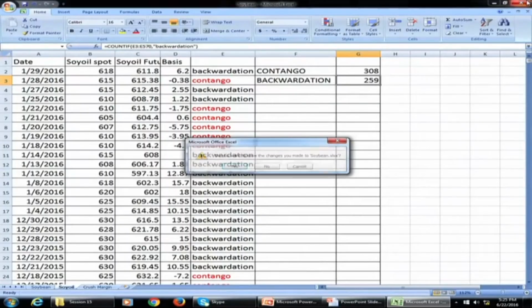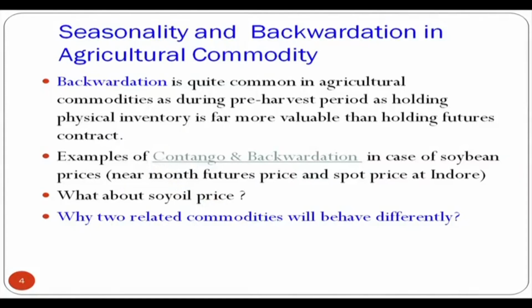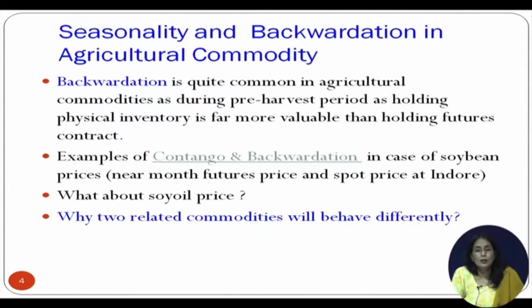The answer to this question is why these two related commodities behave differently. It lies in understanding what factors influence the prices of these two related commodities.